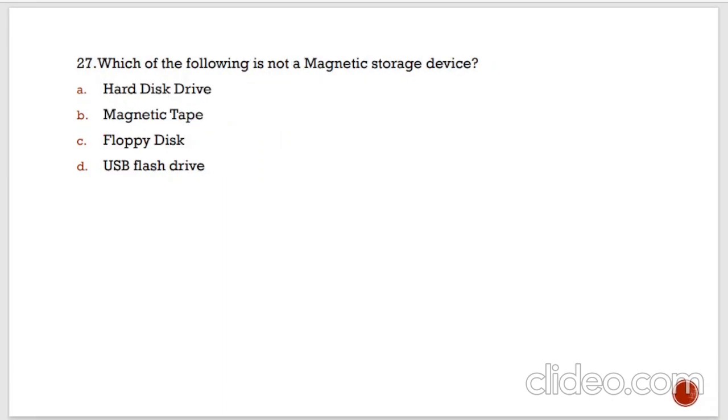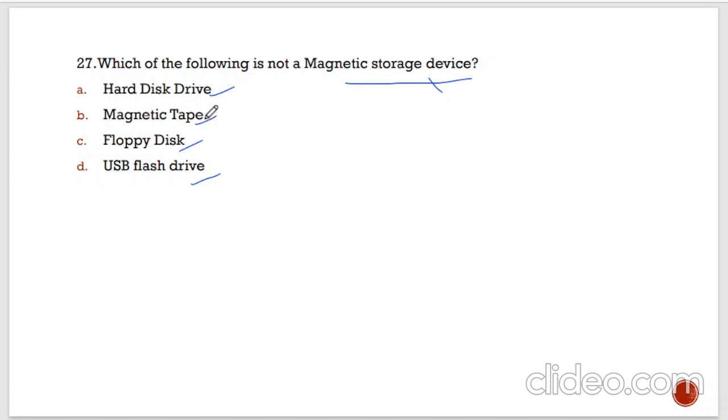Which of the following is not a magnetic storage device? Under external storage, we have seen magnetic storage devices. Hard disk drive, magnetic tape, floppy disk, USB flash drive. Hard disk drive is a magnetic storage device.